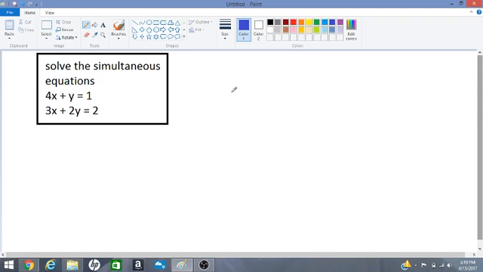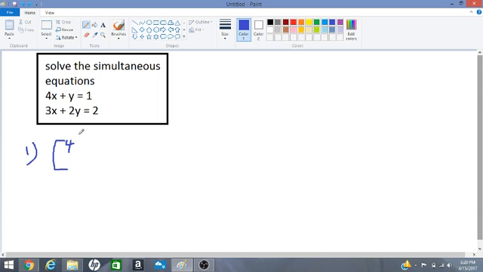To solve these simultaneous equations using a matrix method, the first thing we do is set up our matrix equation. We take the coefficients of x and y and put them in one matrix. So we are taking out the 4 here, taking out the 1 from in front of the y here.